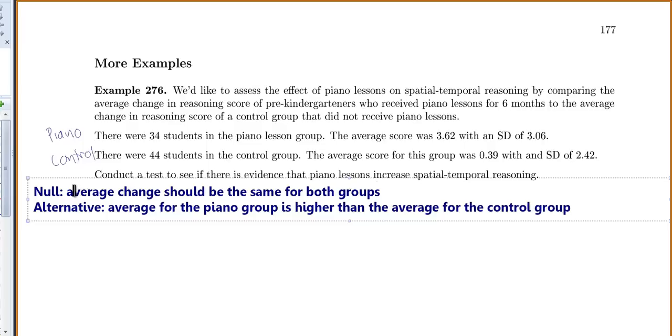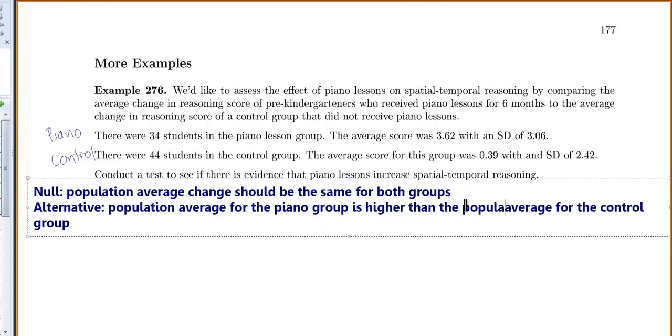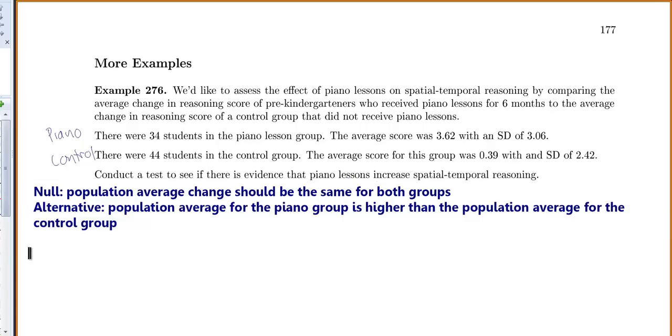Now, you do need to put in here either the word all or the word population, so I know you're talking about the population and not just a sample. So let's say the population average should be the same for both groups. And the alternative is that the population average for the piano group is higher than the population average for the control group.